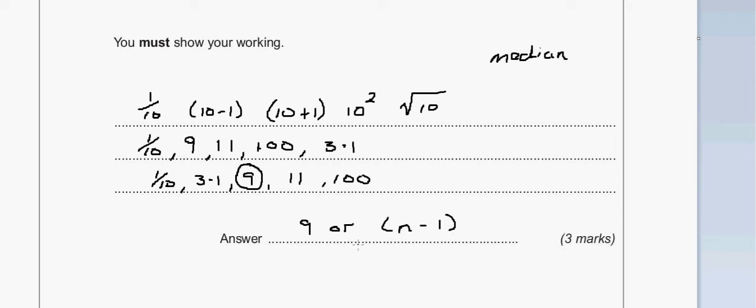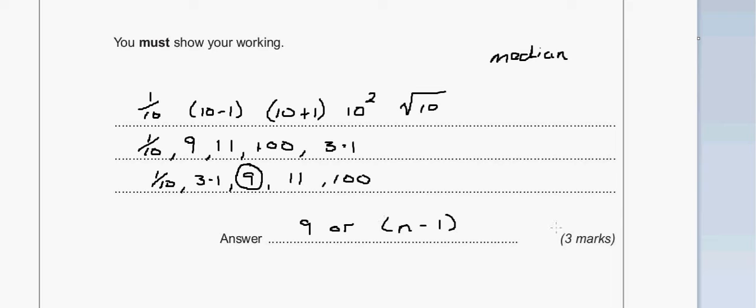So I will give them both just to make sure that they can see that I understand that n minus 1 is 9. Okay, so this is what I will call a belt and braces way of answering the question. Okay, and it's worth 3 marks, so it's worth taking the time to do this.